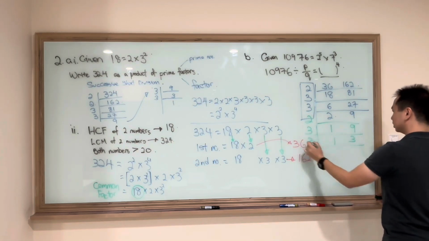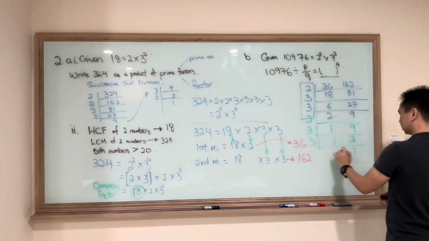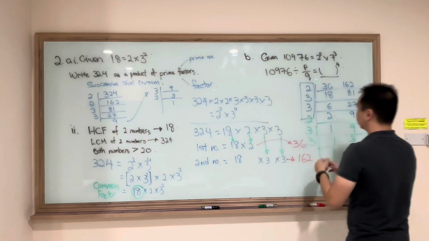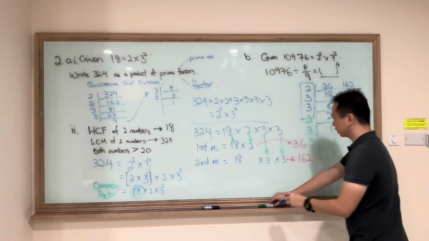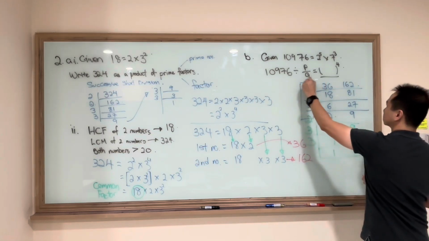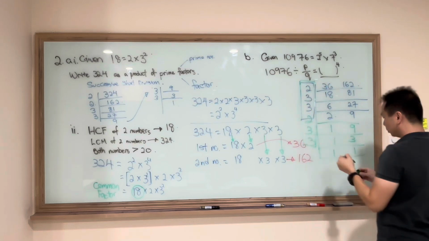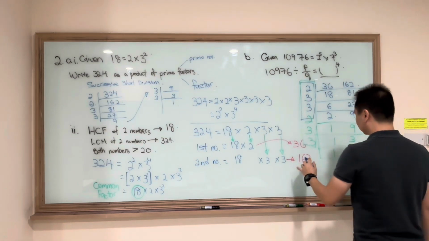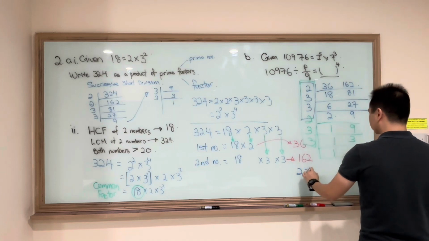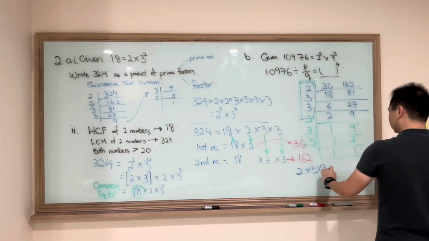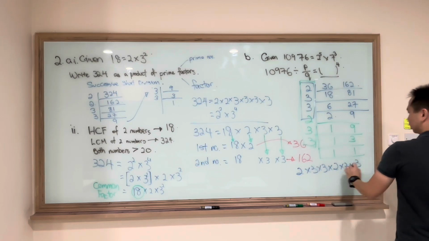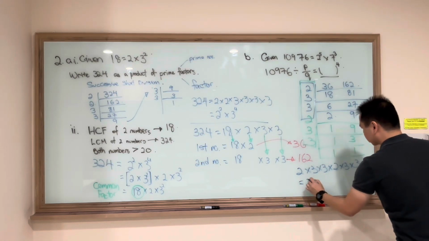And then this 3 again, and then 1. So both sides are 1. By multiplying all the numbers together, we will get our LCM, the lowest common multiple. So 2 times 3 times 3 times 2 times 3 times 3 will give us 324.